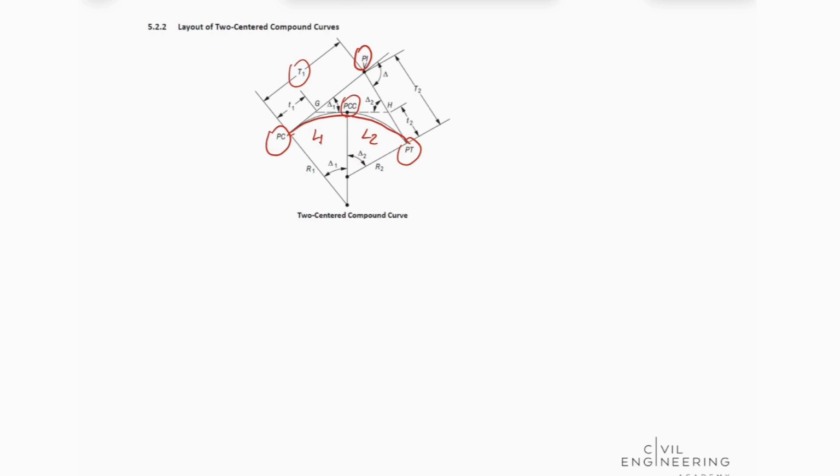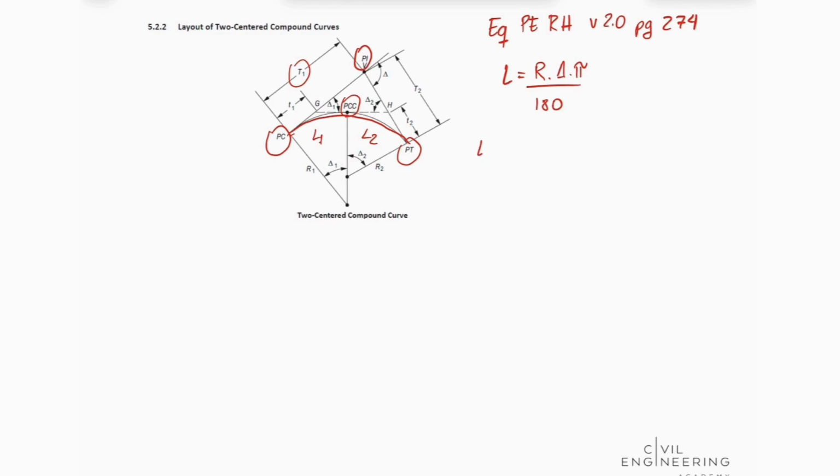So there are a lot of calculations here, and we are going to start with the lengths of the curves. You'll find these equations in our PE reference handbook, version 2.0, page 274, and you're going to find that the length is equal to the radius times delta times pi divided by 180. So let's apply this equation to each one of our deflection angles and curves.